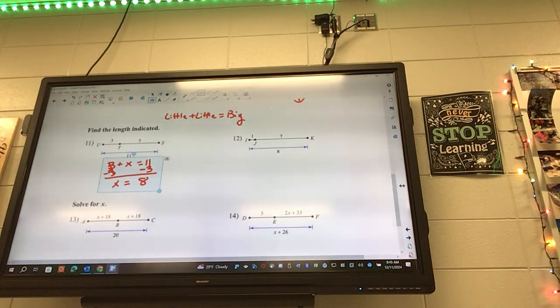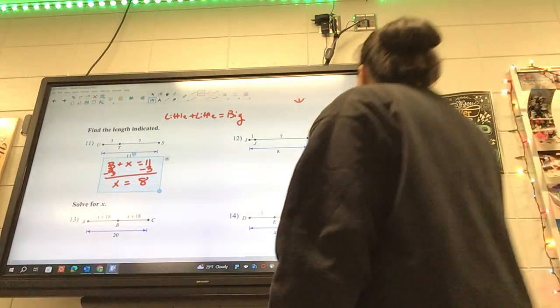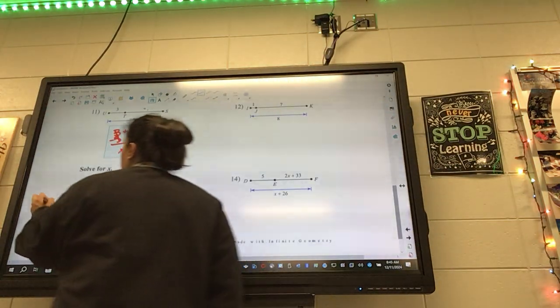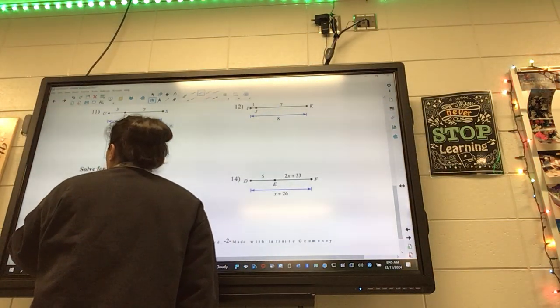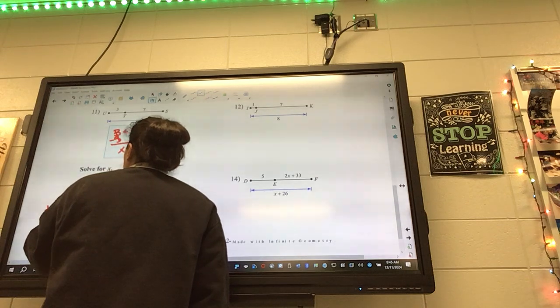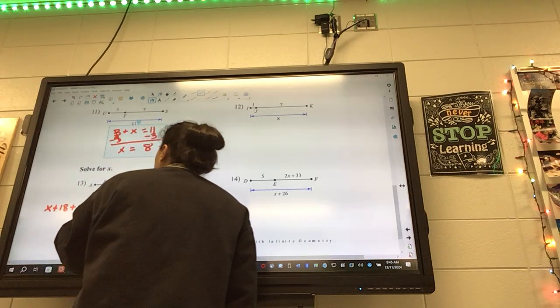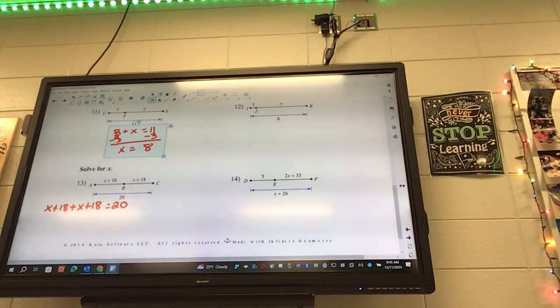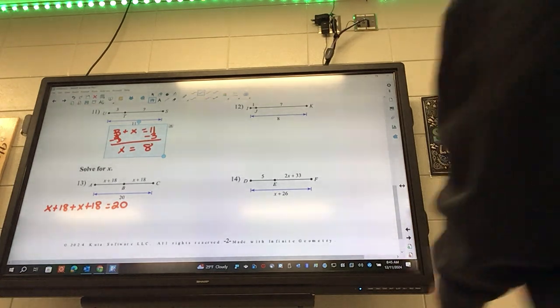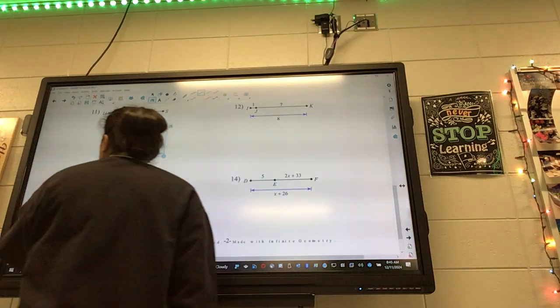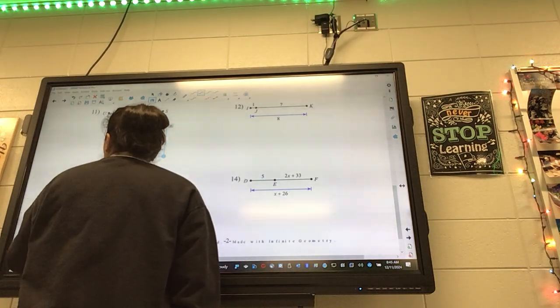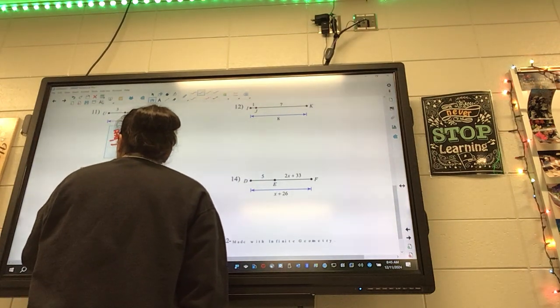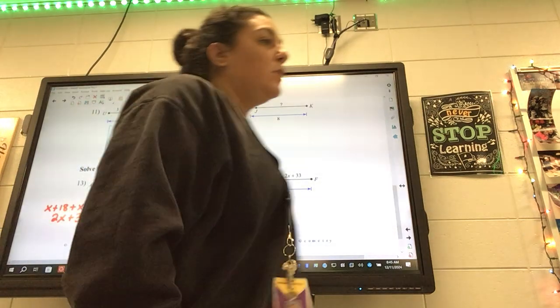Okay, so if we look at 13, we can say little plus little equals big. So x plus 18, and I did not leave you enough room, so write small. Plus x plus 18 equals, my big one is 20. Who can get combined? The x's. So 1x plus 1x is 2x. 18 plus 18 is 36, equals 20.